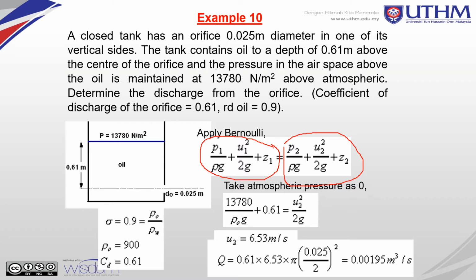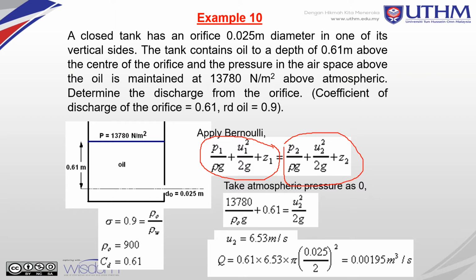We know that the relative density of the oil is 0.9, which is the density of oil divided by density of water, so the density of oil is 900. Take atmospheric pressure as 0, because this orifice is open to the atmosphere. So P2 is 0, and for P1 we get this value.